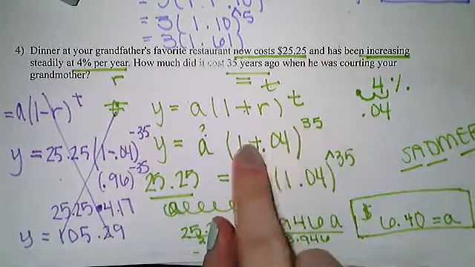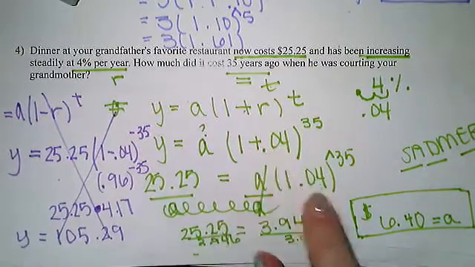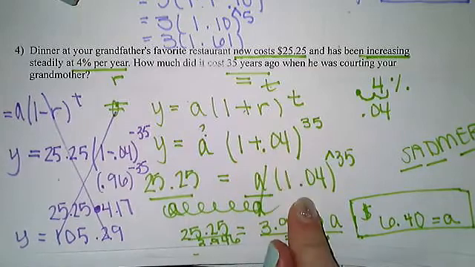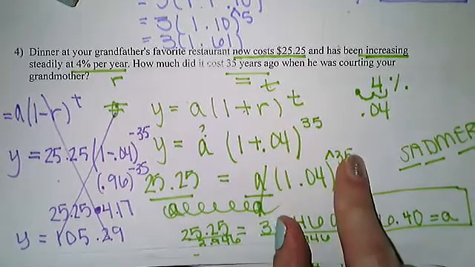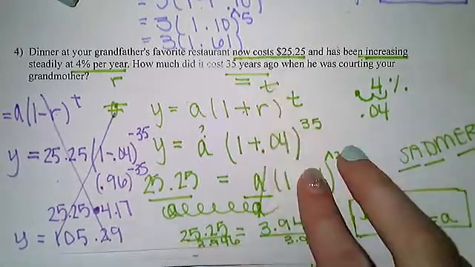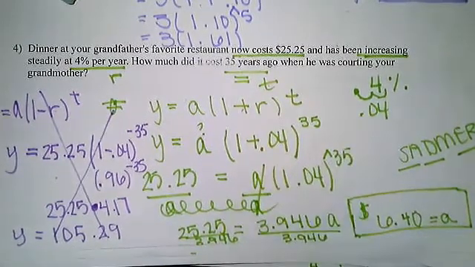So a little rehash on what we did is we added the 1 and the 0.04, which got us 1.04. We raised it to the 35 because that's how many years ago it was. And then we are solving for the starting amount of that dinner.